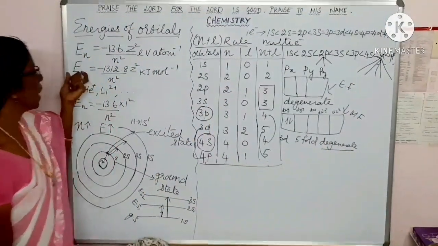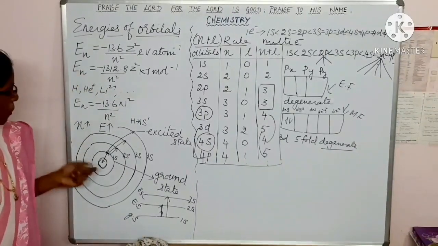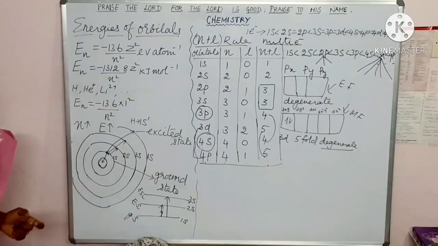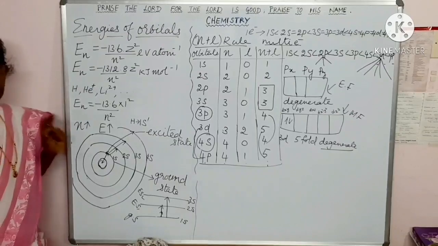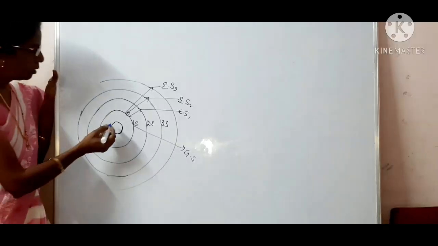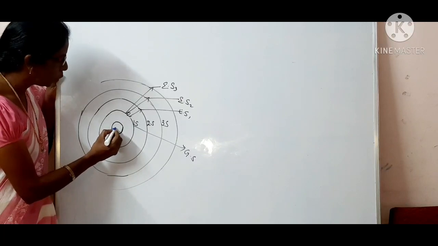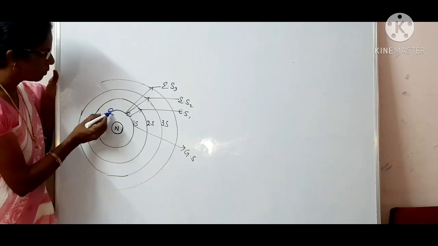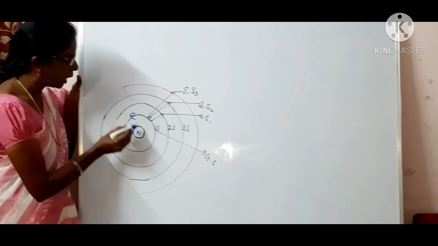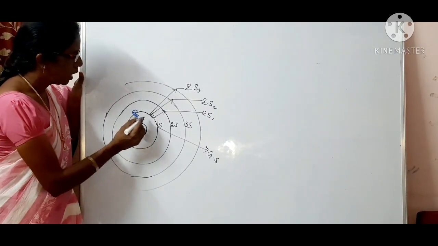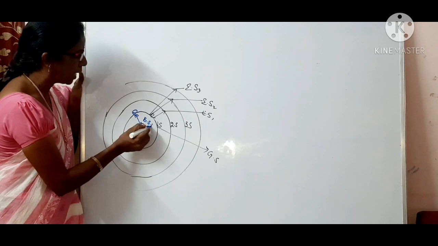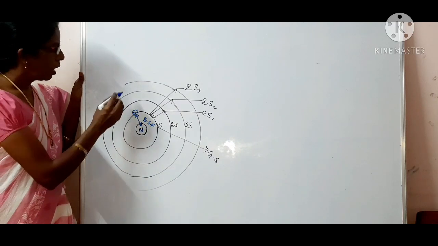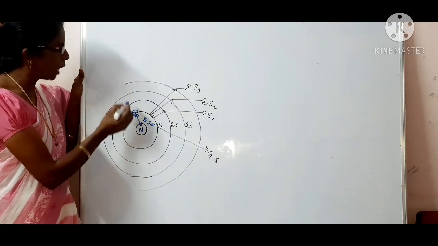Next, there is another factor influencing here, called effective nuclear charge. Before we see what effective nuclear charge is, we should know the forces acting in the atom. There is a force between the nucleus and the electron. This force of attraction between the electron and the nucleus is called the electrostatic force of attraction. In addition to this, there exists a repulsive force among the electrons.